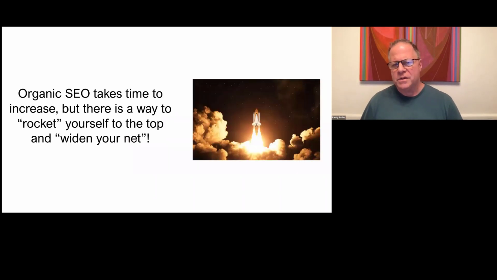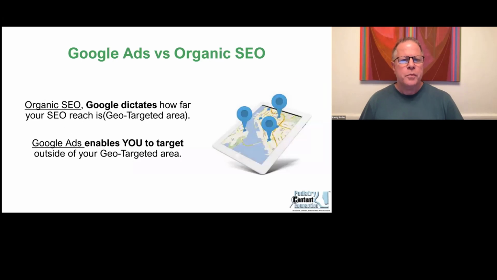So organic SEO really does take some time to increase, but there is a way to kind of rocket and propel yourself to the top and widen your net on Google. So, Google Ads versus organic SEO, and not that one's right or one's wrong, because they're both great, but with organic SEO, Google kind of dictates how far your SEO reach is, and they call that geo-targeted.